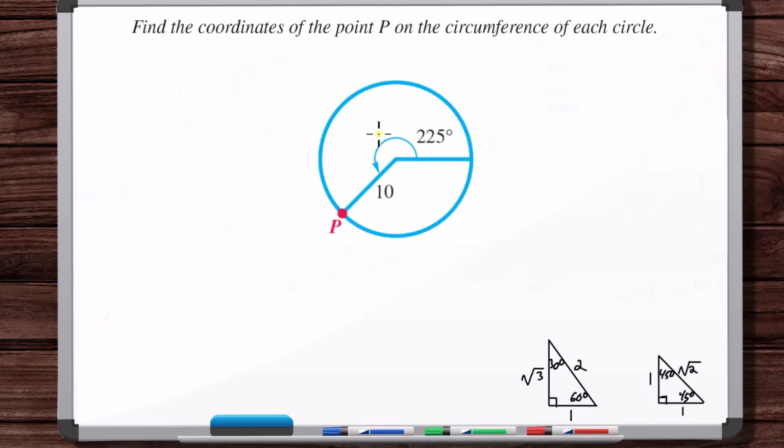Okay, same exact type of problem. So what is the reference angle here? 180 to get to 225, that's 45 degrees.